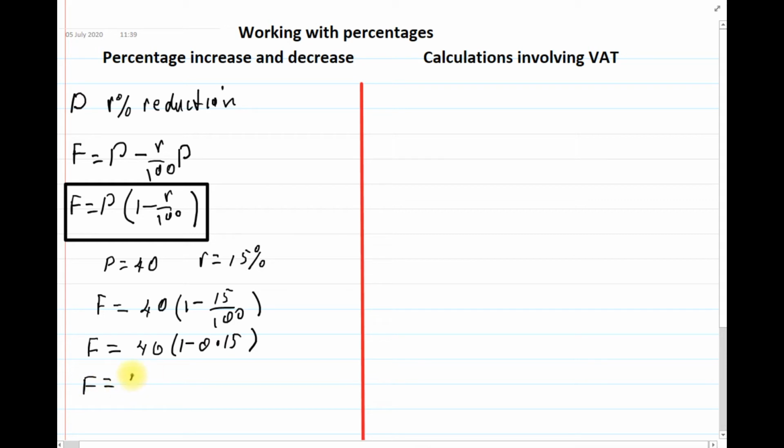F will be 40 times 0.85, which will equal 34. So we directly arrive at the final price by putting it in this formula. The takeaway part is taken care of in this bracket.